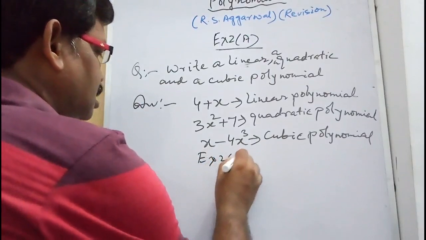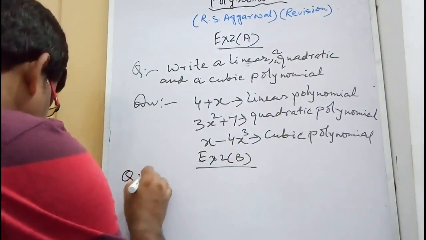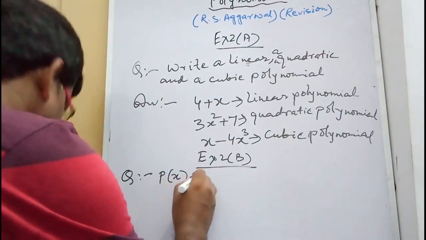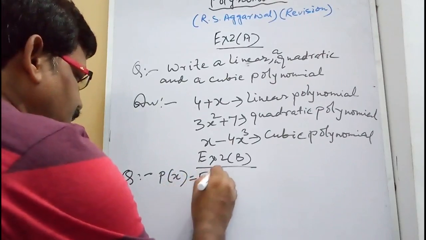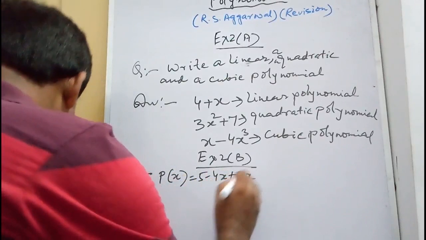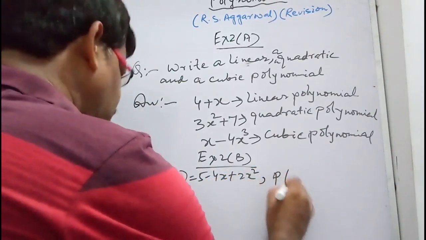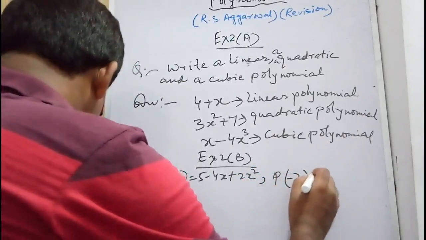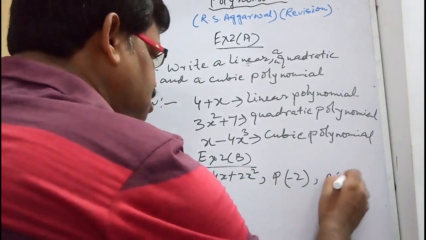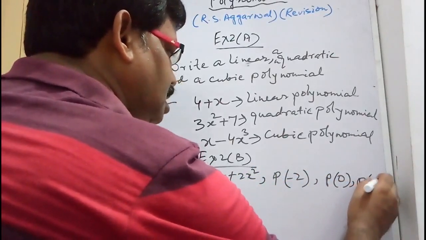Exercise 2B, question. p(x) is the name of the polynomial 5 minus 4x plus 2x square. Find p(-2), p(0), p(-5).